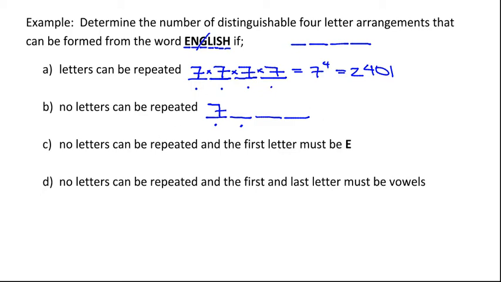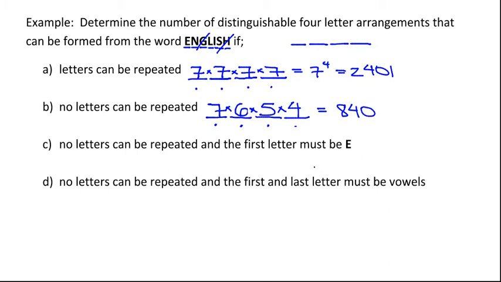That means that I have 1, 2, 3, 4, 5, 6 possibilities to select from for the second letter. And for the third, let's say I chose H, I now have 5 letters to choose from. And then lastly 4, and I could continue down 3, 2, 1 if I was making a longer word. So again, we multiply each stage and we end up with 840.